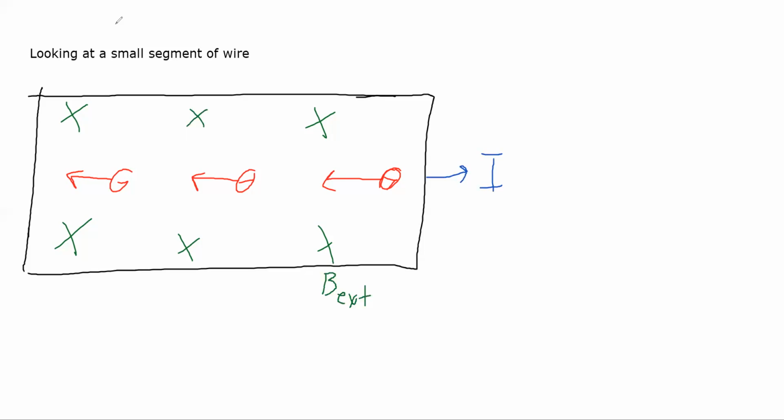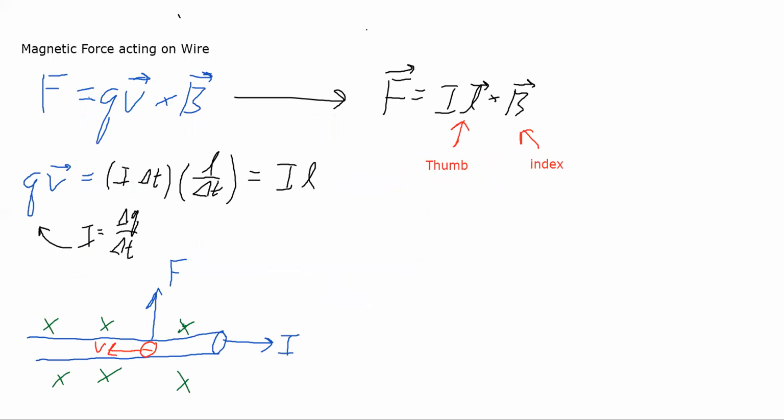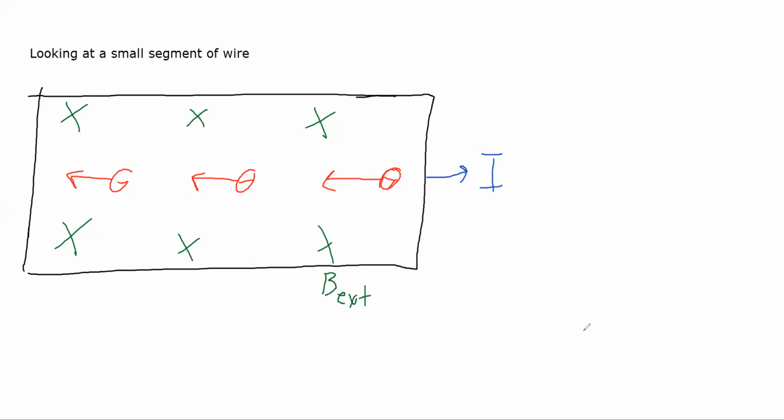All right, so we looked at this earlier and we saw that we're going to get a force going, let's see, am I doing this right? Did we get a force going upward, right? This is the same picture as last time? Yeah. Electrons going to the left. Magnetic field going in.